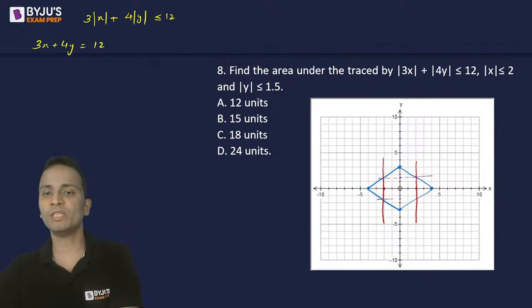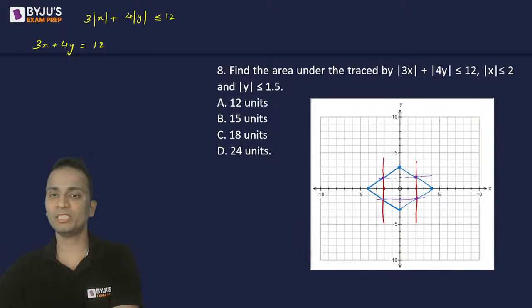Now if you find out the intersection point, you will realize that both these horizontal and vertical lines will meet at the same point and they will intersect the first graph at the same point everywhere. Okay. So effectively, we'll have to find out the area of this rectangle.